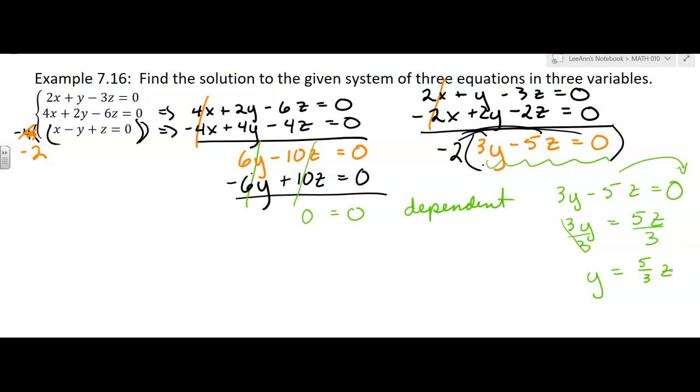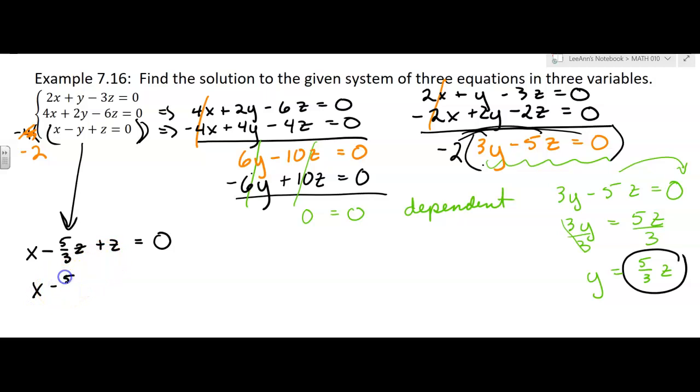Okay, now I've got to plug that in somewhere to find x, right? So let's take this bottom equation. We have x minus, now what's y? 5/3 z plus z equaling 0. So I'm going to get x. I'm going to have to get common denominators here.